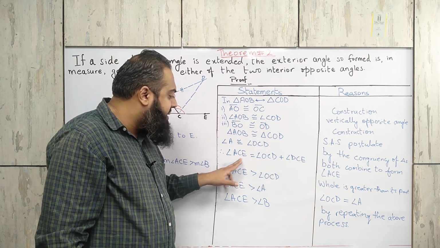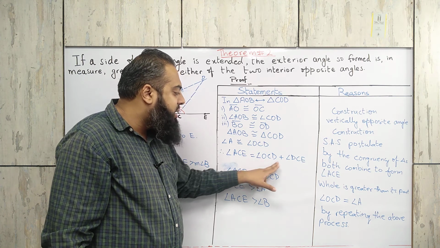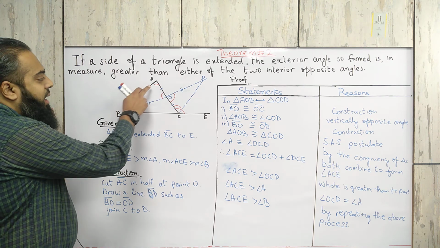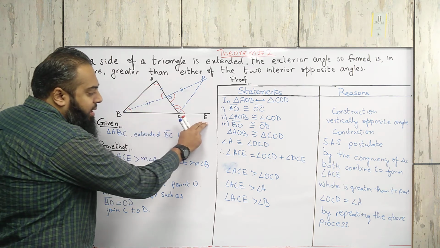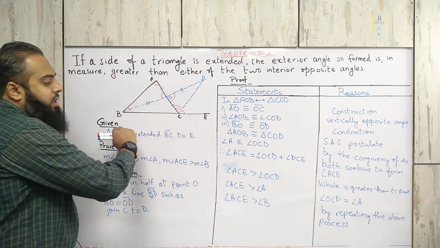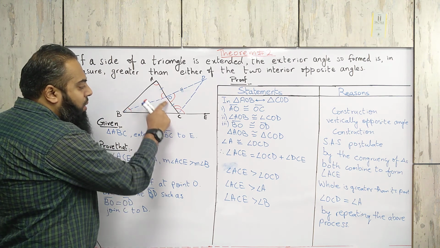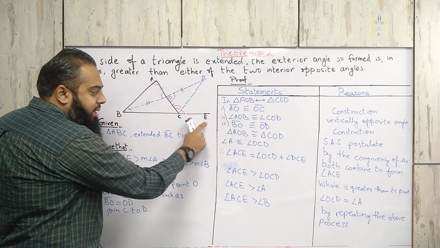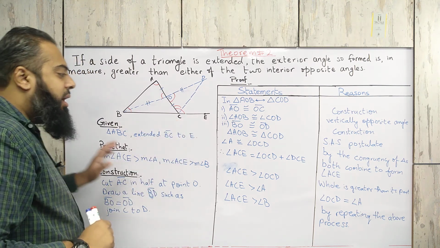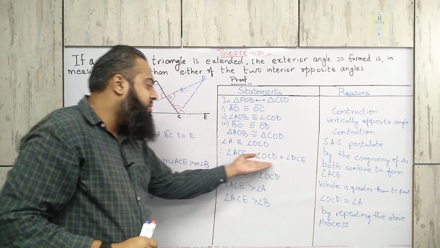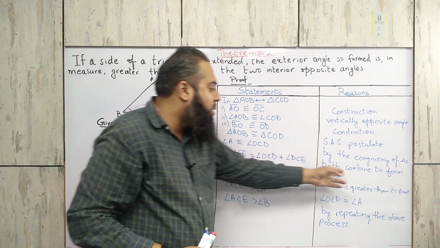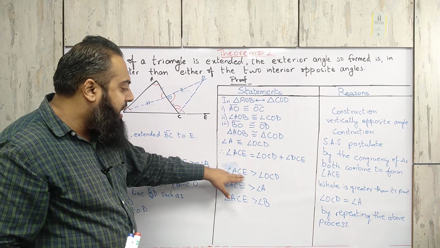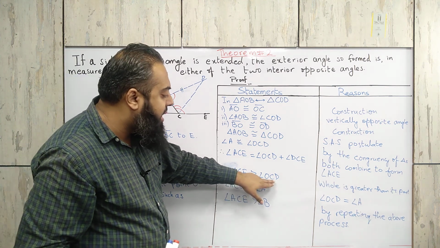Angle ACE is equal to angle OCD plus angle DCE. Now, as both combine to form angle ACE, angle ACE will be greater than angle OCD.